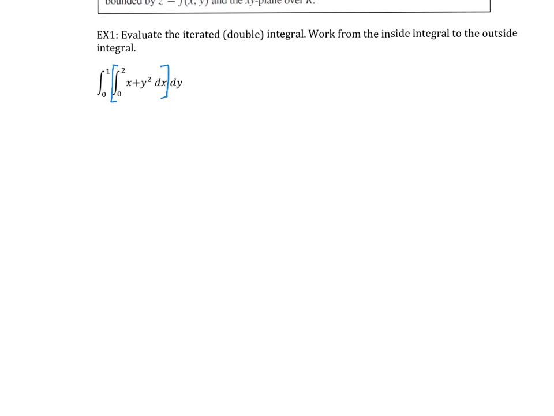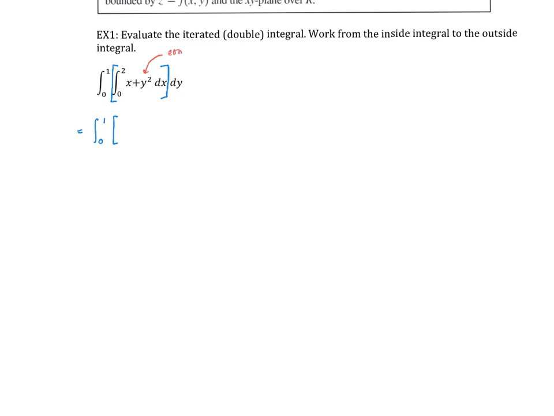Now you could do this integral off to the side, or you could simply do what your textbook does and compute the integral without doing it as side work. So for example, I would keep the outer integral from 0 to 1. On the inner integral, since we're integrating with respect to x, we treat the y squared as if it were a constant.